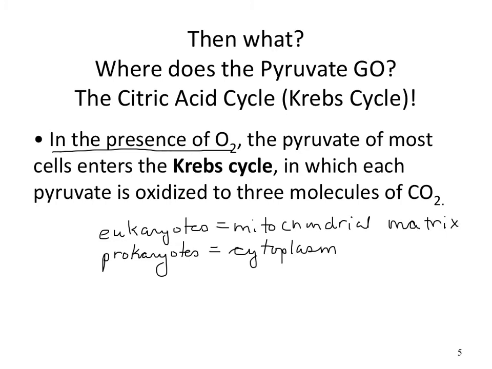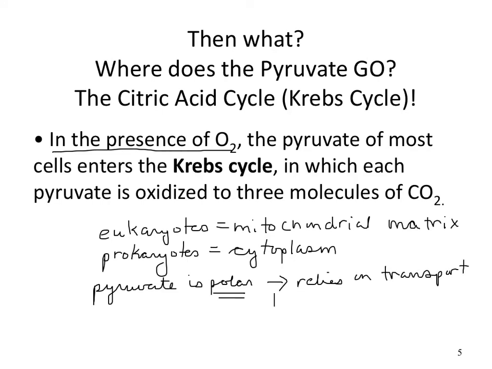And what will happen is the pyruvate will enter the mitochondria. It does that, remember, pyruvate is a polar molecule. It's a neutral but polar molecule. Therefore, to enter the mitochondria in order to get to the mitochondrial matrix, it relies on transport by a carrier protein.